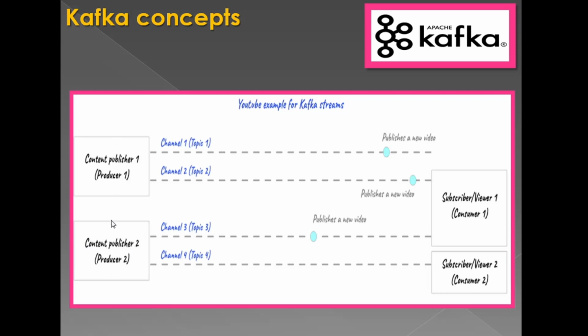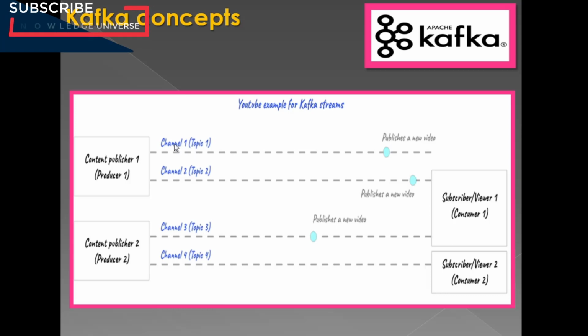So here we have 2 producers in this architecture. The YouTube channel is a topic in this example. So here we have, for example, 4 topics: the first channel, the second, the third, and the fourth channel. So here we have YouTube channels as topics. The event here is publishing a new video.